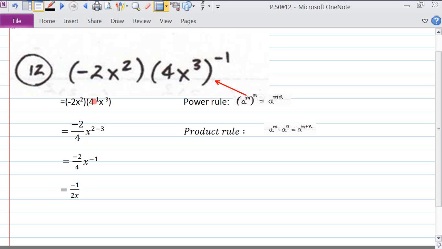So we've moved that down, and now we're going to add by the product rule, x squared and x to the minus 3. We get 2 minus 3, which is this rule here. We add the exponents by the product rule.